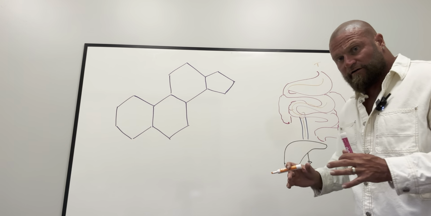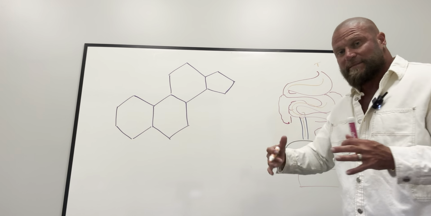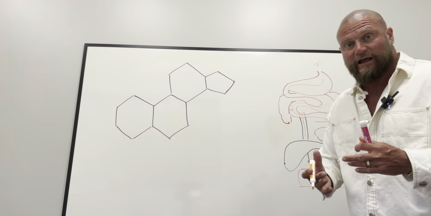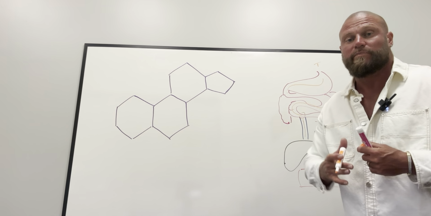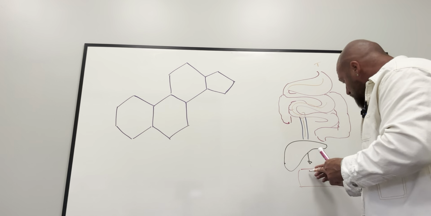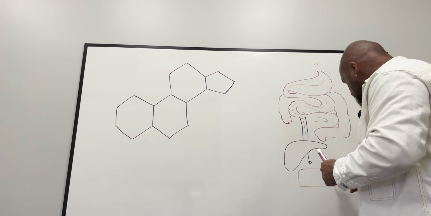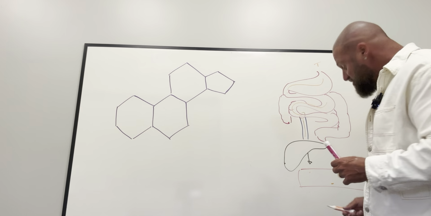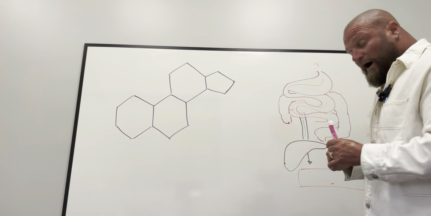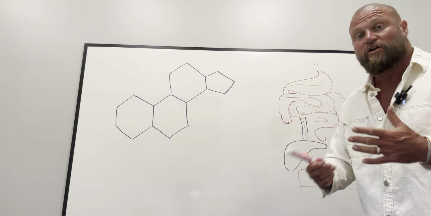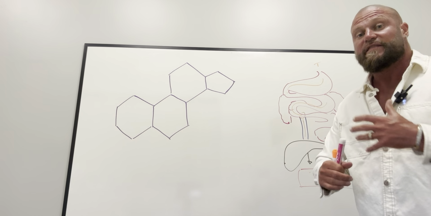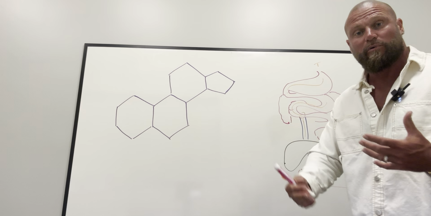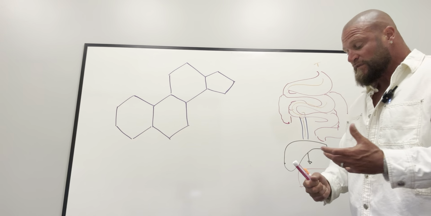And in the liver, it will be metabolized by liver enzymes and almost be completely broken down. And only a little bit of testosterone will remain in the bloodstream for utilization. That's why those steroids cannot be taken orally, because they are broken down, metabolized in the liver.